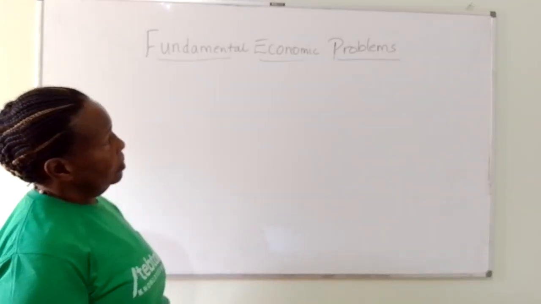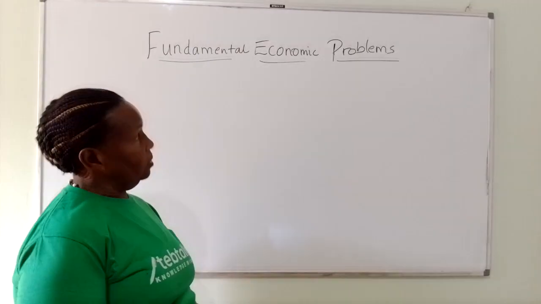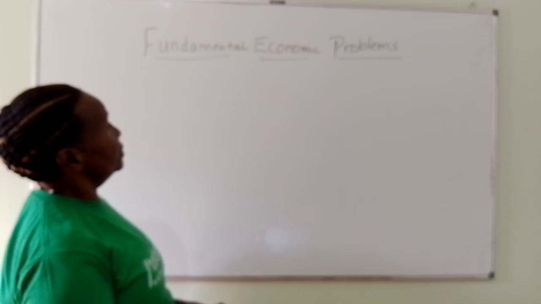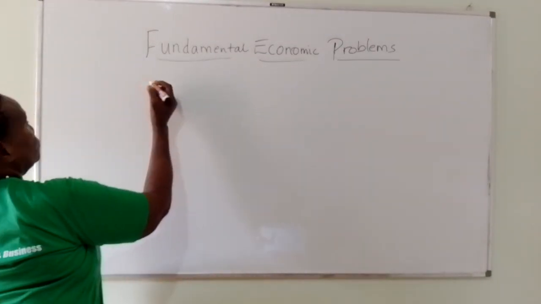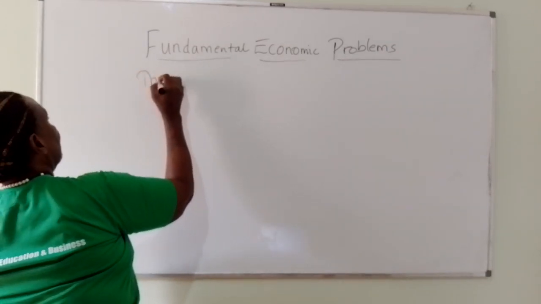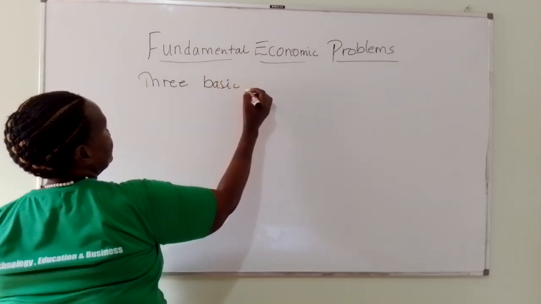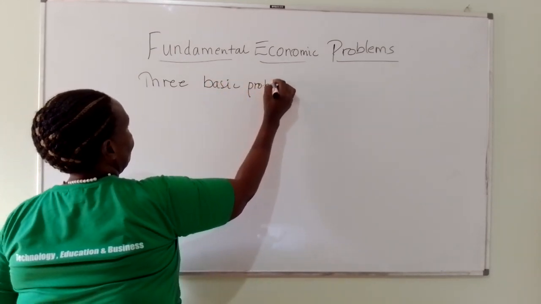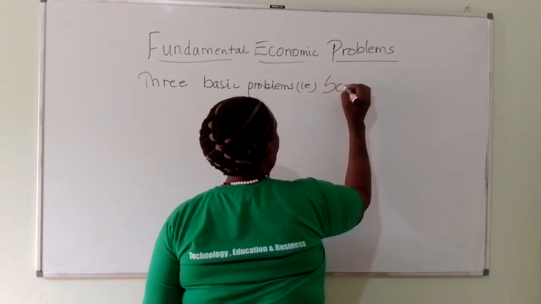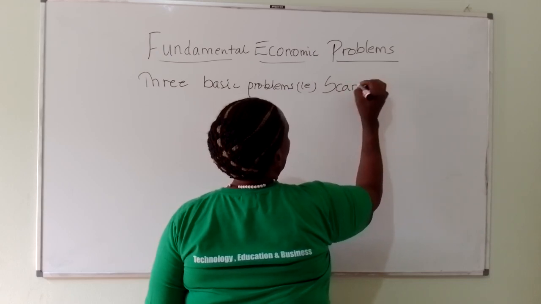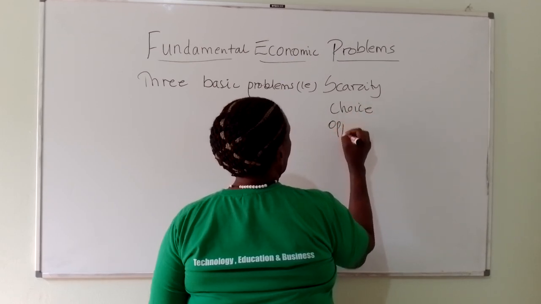We are continuing with our introduction of economics, and today we are going to consider the fundamental economic problems. As already hinted, they are mainly three basic problems: scarcity, choice, and opportunity cost.